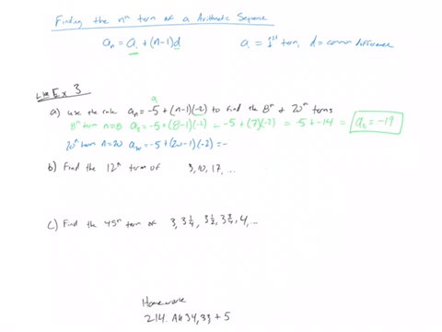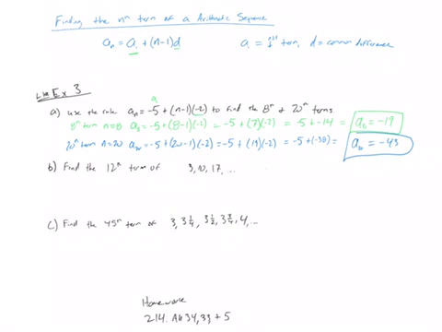So it's going to be negative 5 plus 20 minus 1 is 19 times that negative 2. It's equal to negative 5 plus a negative 38. And that's going to come out to be a negative 43. So that means my 20th term, my a sub 20, is equal to negative 43.